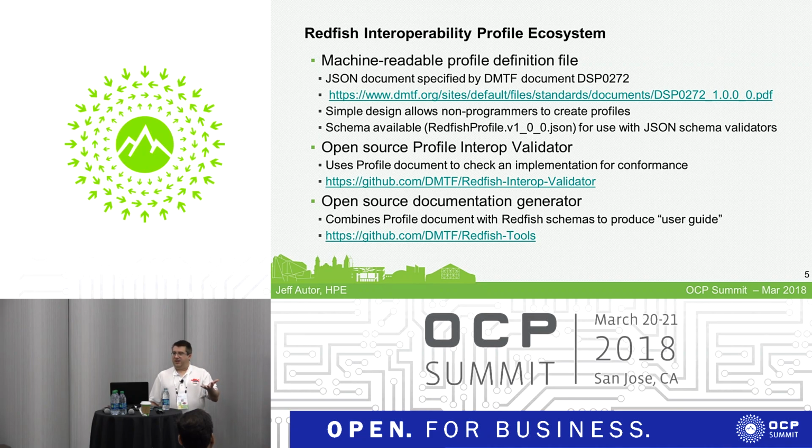That will ingest the profile document, and you point it at a Redfish service and let the tool run, and it will produce a report that says effectively yes, it met the profile or not, and if not, here are the particular issues.